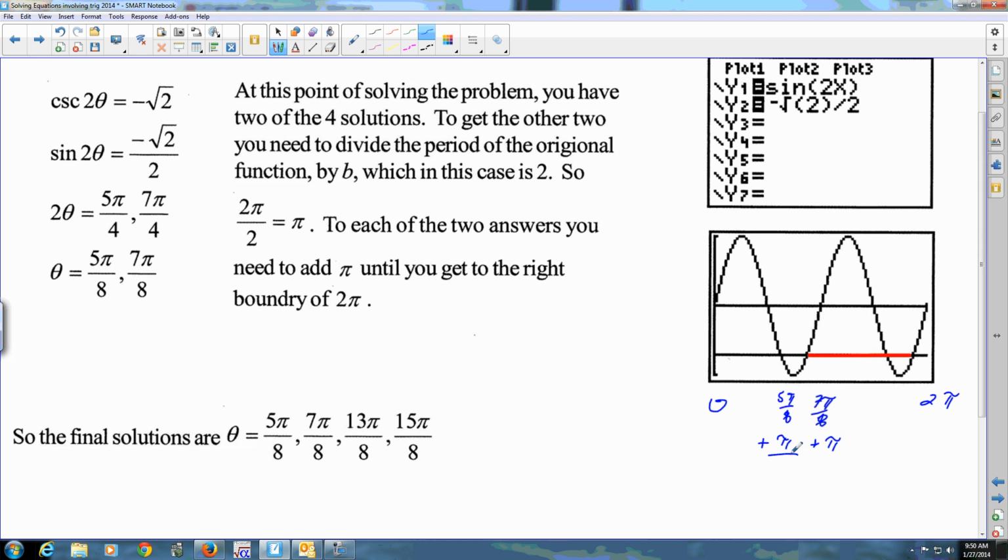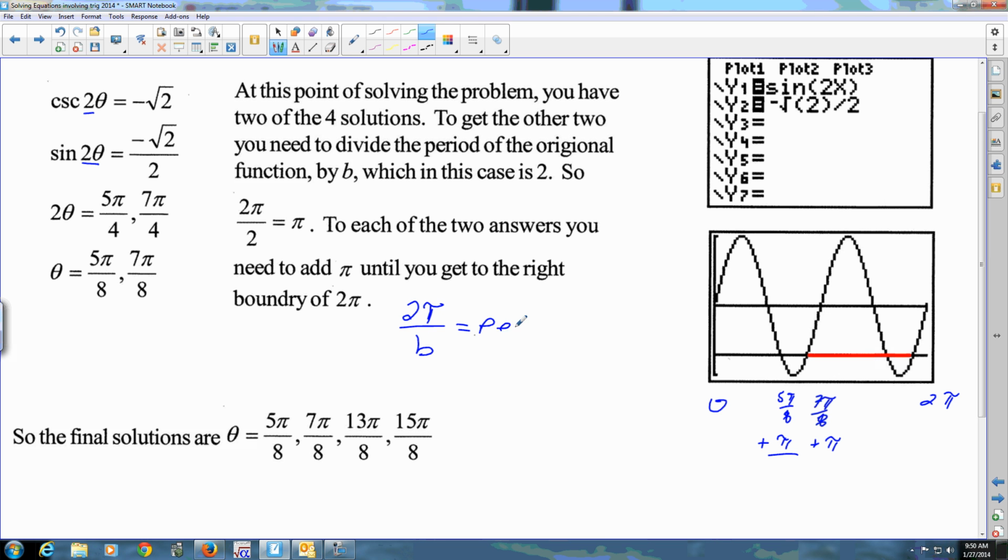Now, how do I know that pi is the number I need to add? Well, back before, we talked about how the value of b changes the period. For sine and cosine, the period of a function is 2 pi over b.